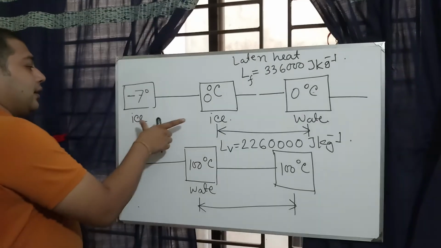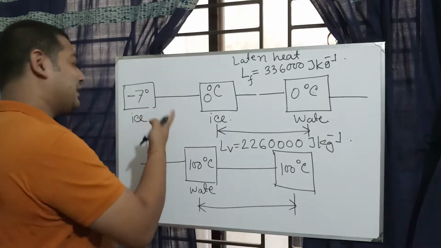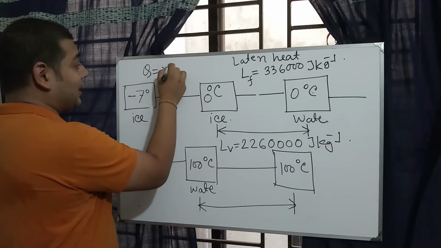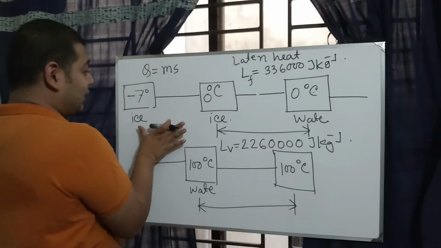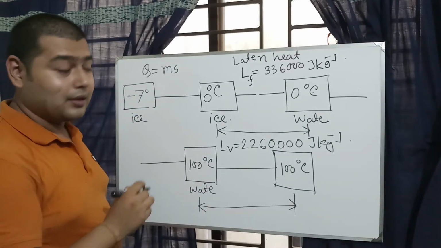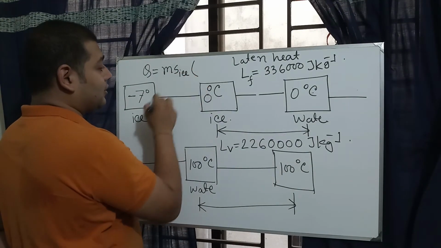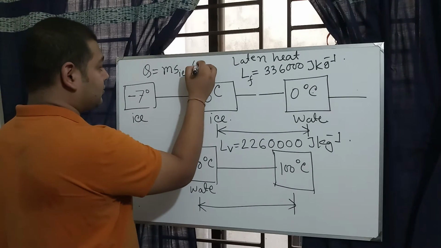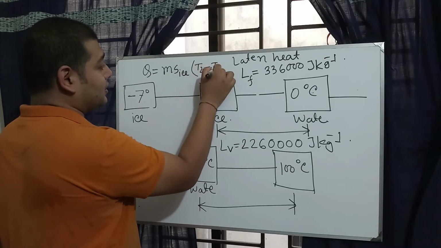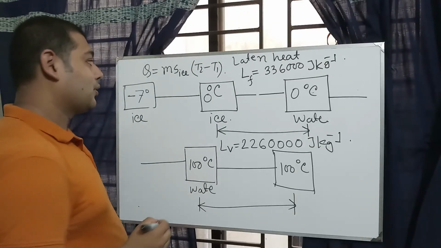In this stage, it follows the natural formula, and the heat gain is Q equal to M S ice (T2 minus T1), since the stage is ice, so the specific heat is for ice. Here it is T1 and it is T2.